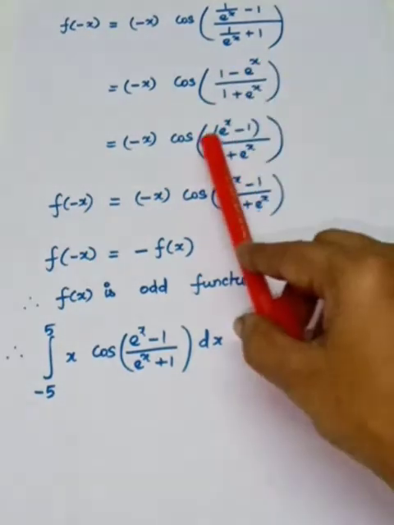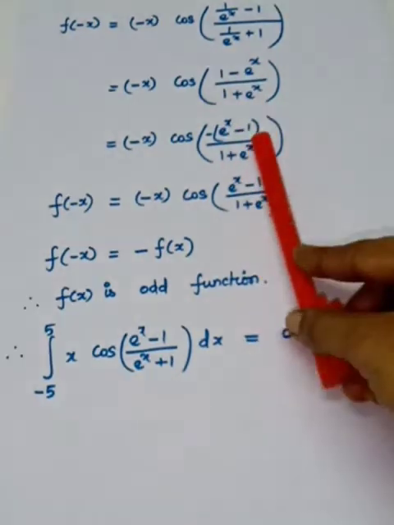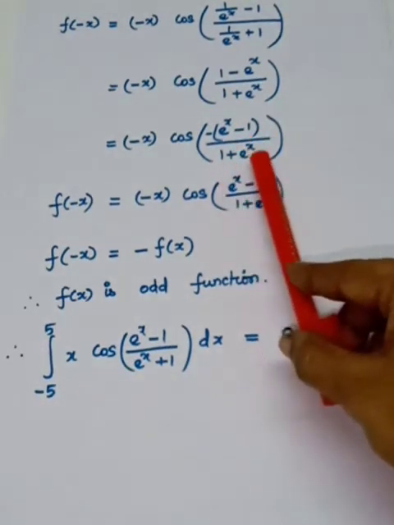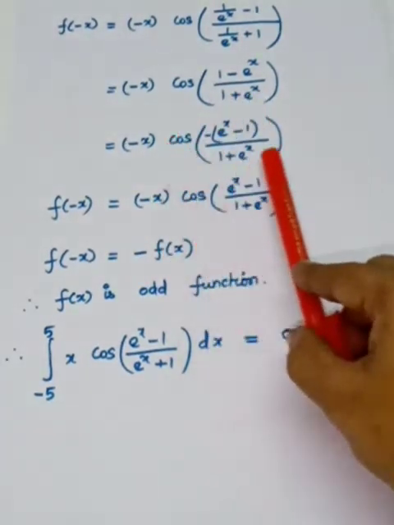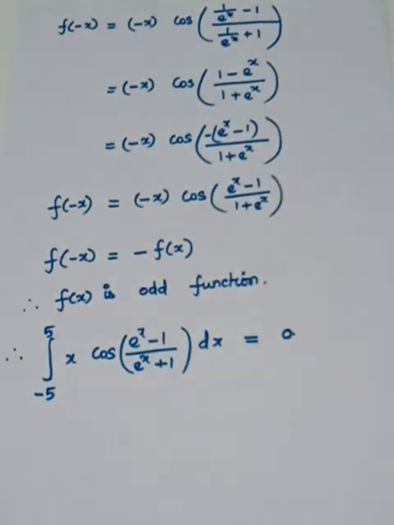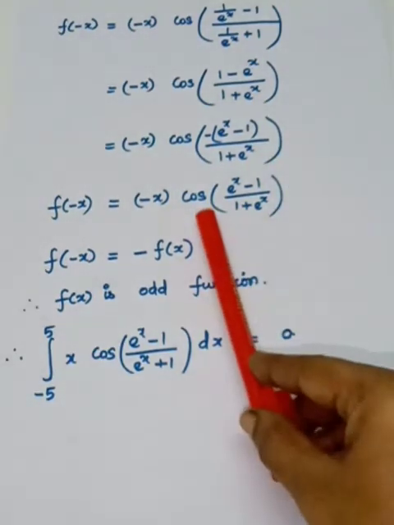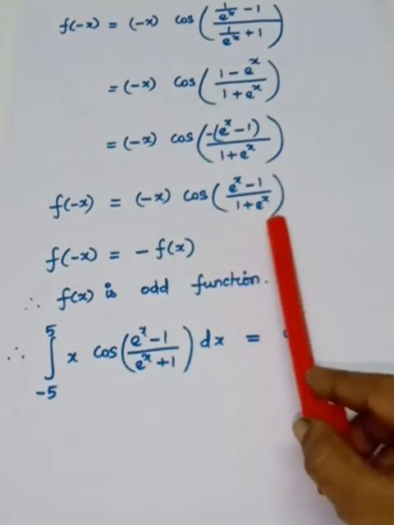From the numerator, if you take minus out, it becomes e power x minus 1 divided by 1 plus e power x. So minus x into cos of minus theta. What is cos of minus theta? You know very well, it is cos theta. So it can be written as cos of (e power x minus 1) divided by (1 plus e power x).